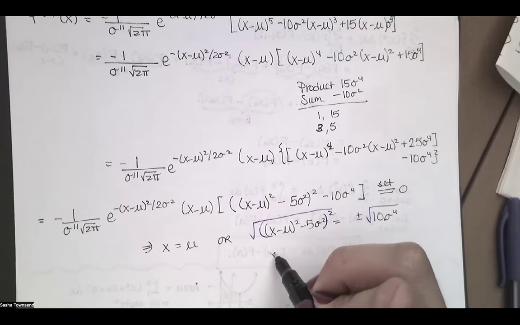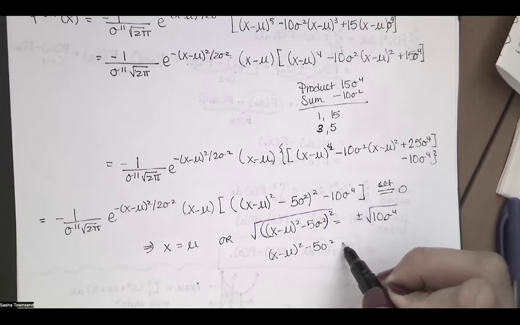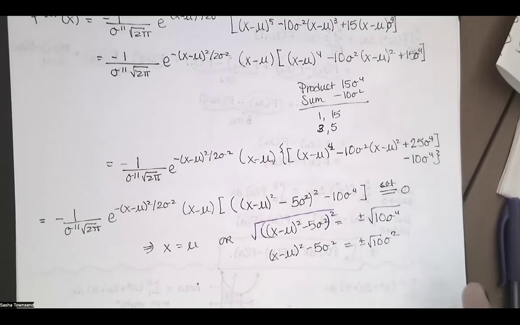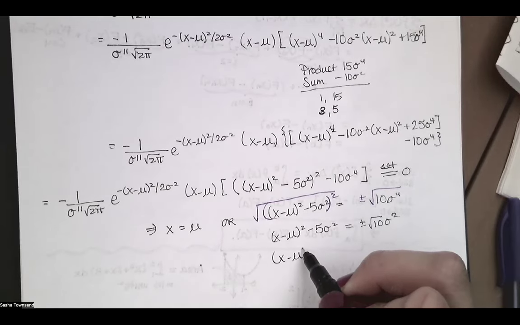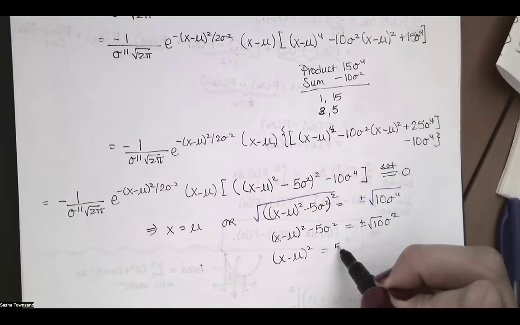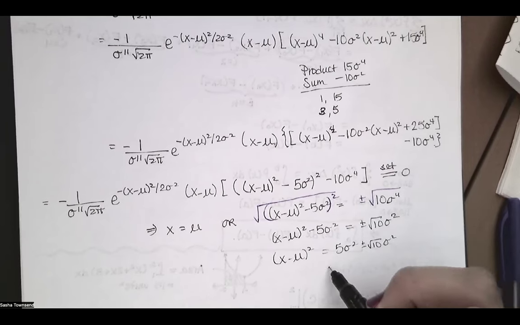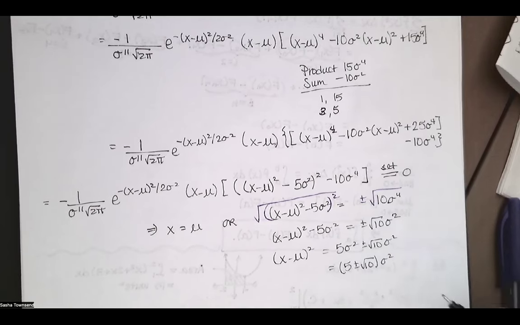So we're going to end up with x minus mu squared minus 5 sigma squared equals plus or minus the square root of 10 times sigma squared. And then we'll add this to both sides. So 5 sigma squared plus or minus square root of 10 times sigma squared, or if you prefer, 5 plus or minus square root of 10 times sigma squared.